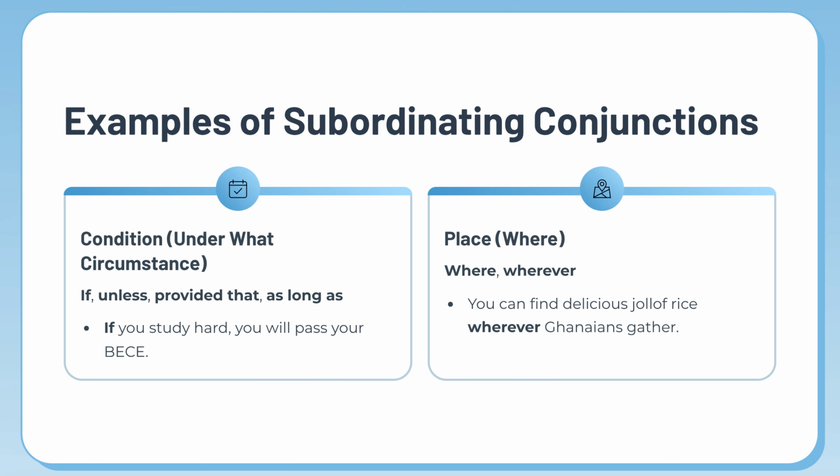The subordinating conjunction wherever links the idea of finding jollof with the place Ghanaians gather. So, subordinating conjunctions don't just join ideas, they explain how those ideas relate by time, reason, condition, or place.